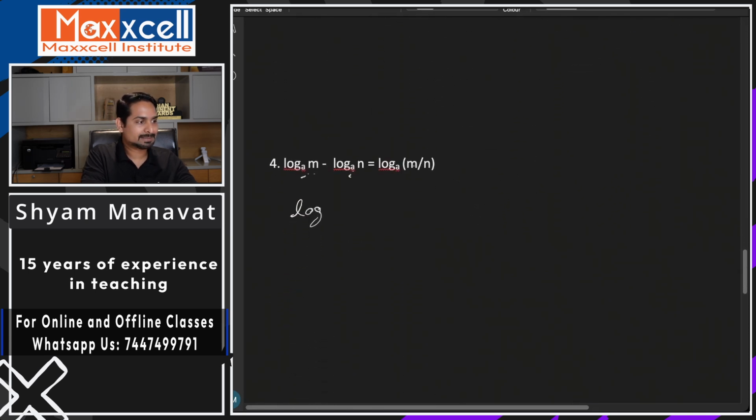Let's take an example. Log of 3 base 10 minus log of 5 base 10 will get you log of 3 by 5, because the base is the same, base 10.